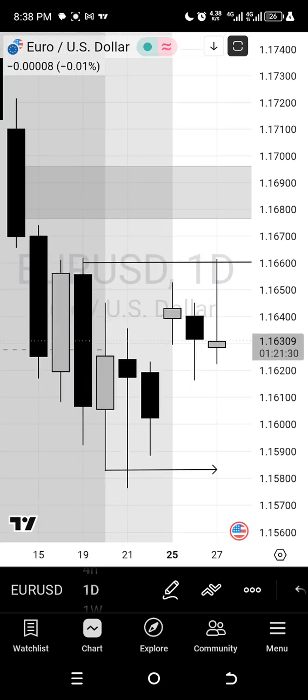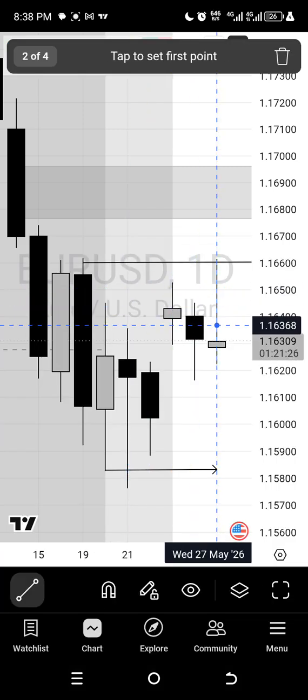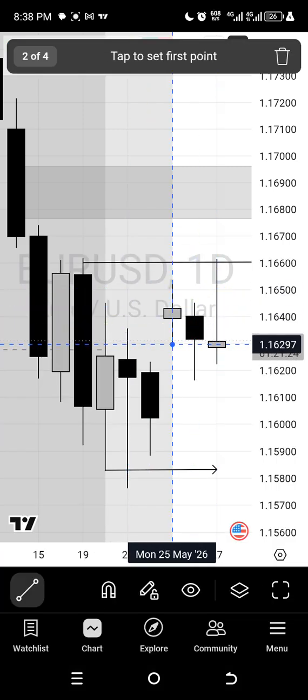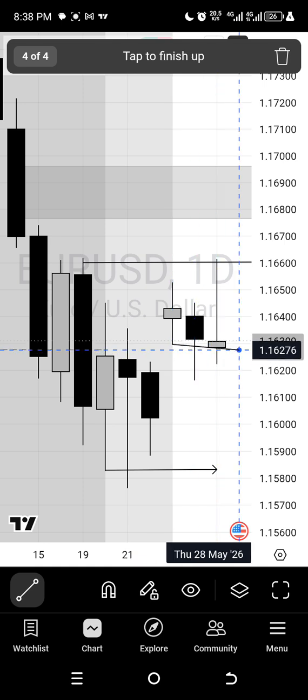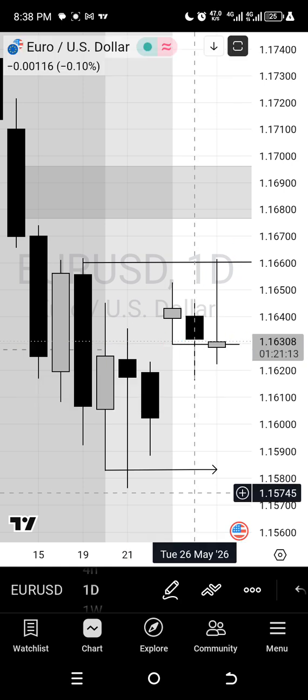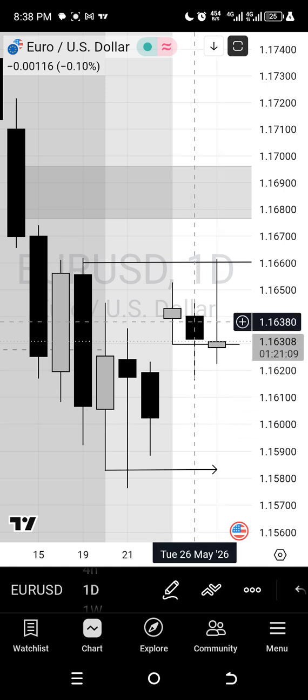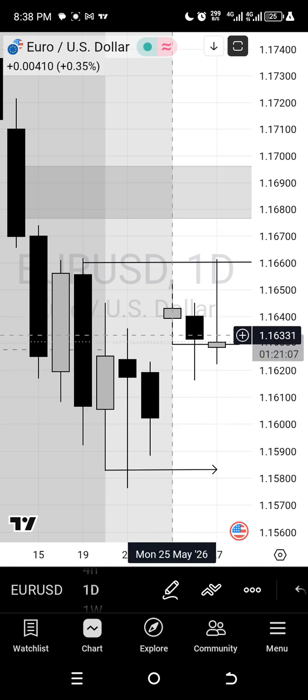So I was expecting a bullish trend. For instance, I got this daily CRT. Why is it a daily CRT? Because using the if-then principle, if you wick below a previous candle, which we saw here, we expect today's candle to expand higher. So based on that, we should focus on buys.